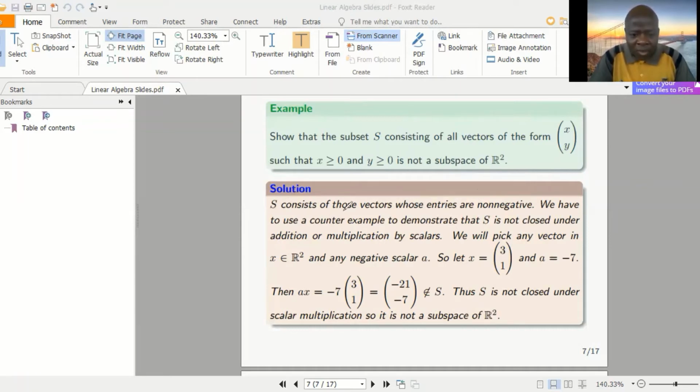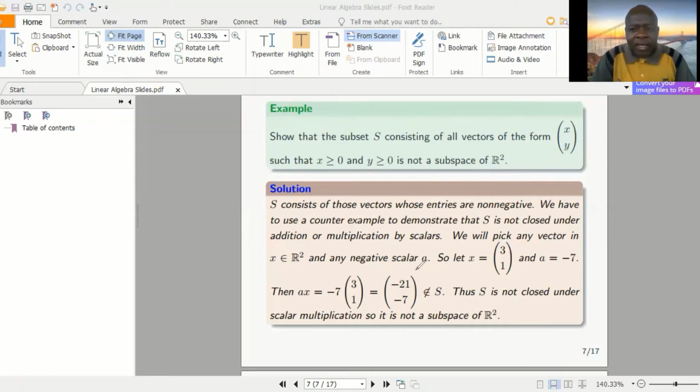So I've said S consists of those vectors whose entries are non-negative. So we have to use a counterexample to demonstrate that S is not closed under addition or multiplication by scalars. So we will pick any vector in R2 and any negative scalar a.